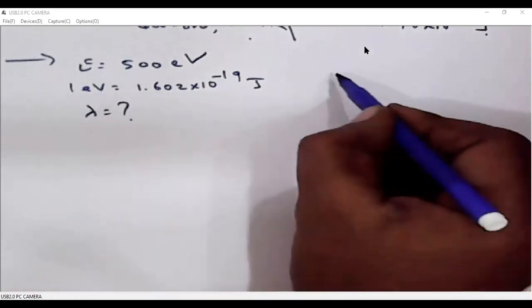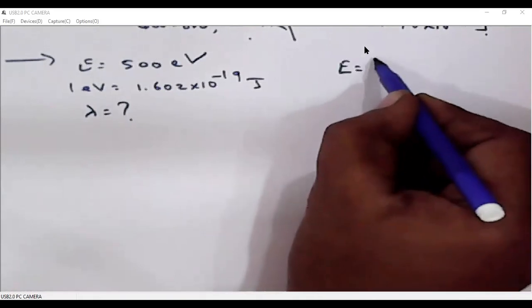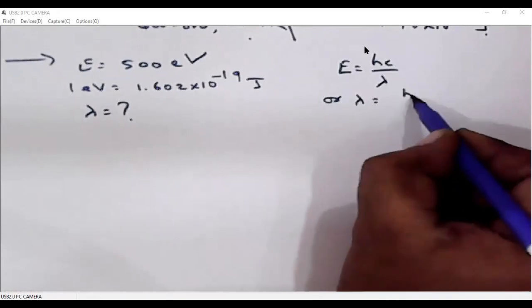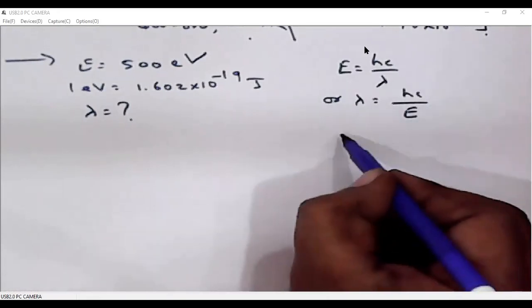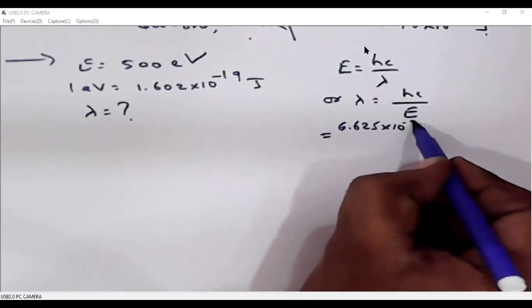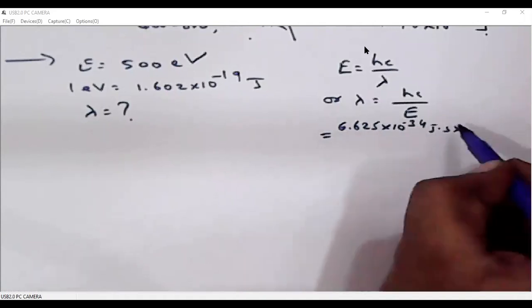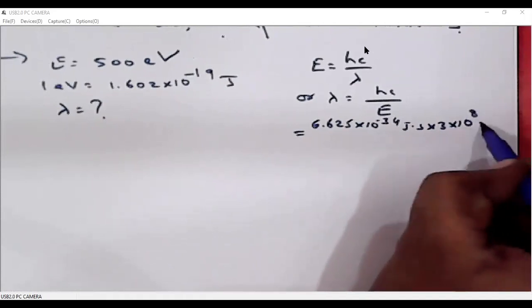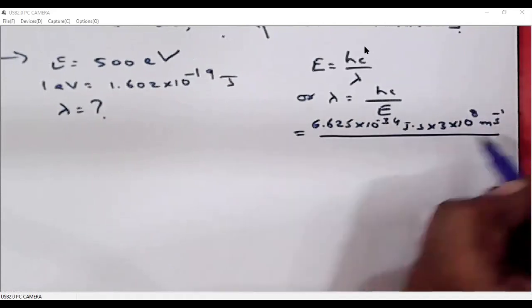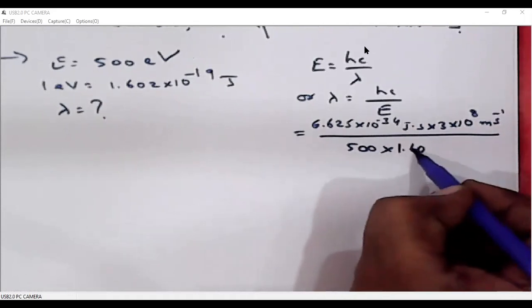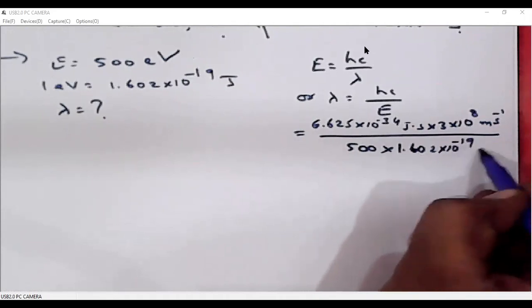We were asked to calculate the lambda. So we can use Planck's equation. E is equal to hc by lambda, or we can rearrange it: lambda is equal to hc by E. Of course, we know all these terms. H 6.625 into 10 power minus 34 joule second. C 3 into 10 power 8 meter per second by E 500 electron volts. 1 electron volt is equal to 1.602 into 10 power minus 19 joules.